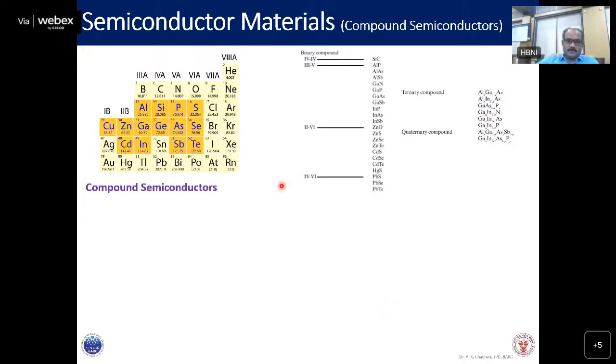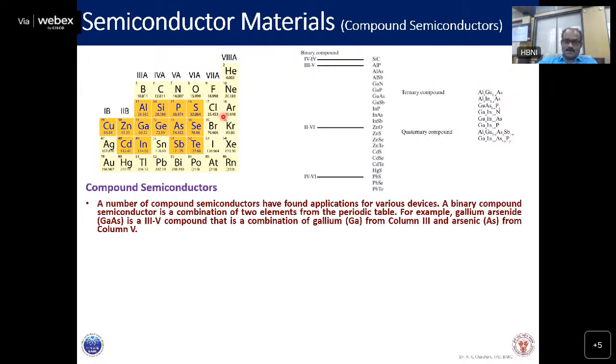Now, one was the elemental semiconductors, mostly silicon and germanium, but then there are compound semiconductors also. A number of compound semiconductors have found applications for various devices. A binary compound semiconductor is a combination of two elements from the periodic table, usually one from this side, another from this side. It can be like gallium arsenide: from this side you take gallium, from this side arsenic.